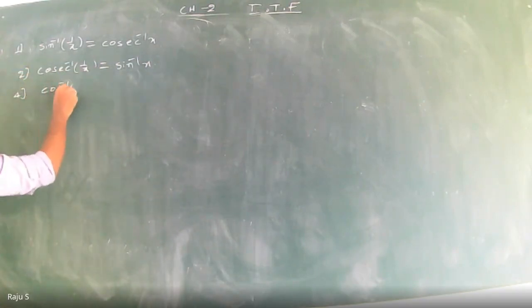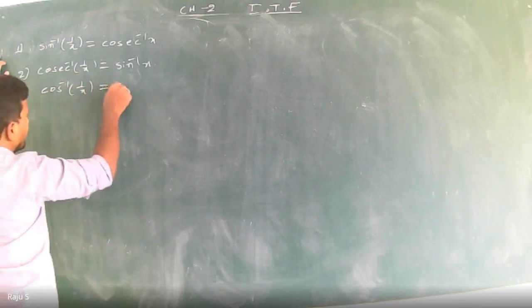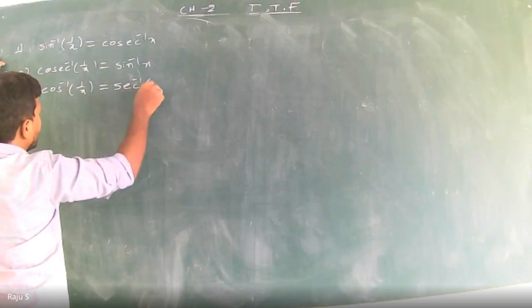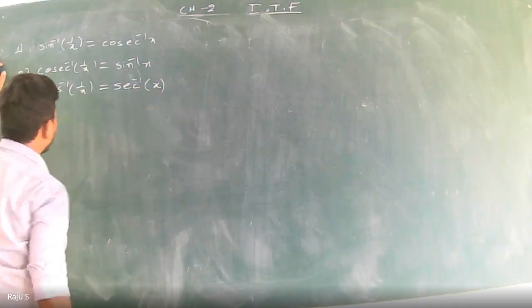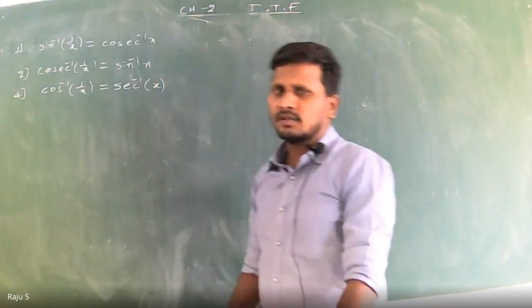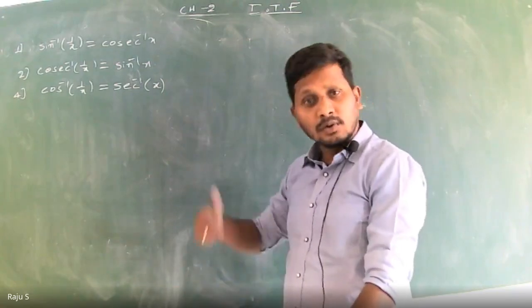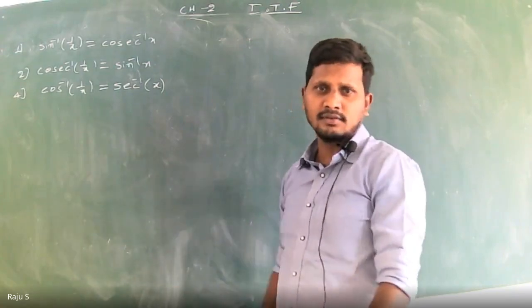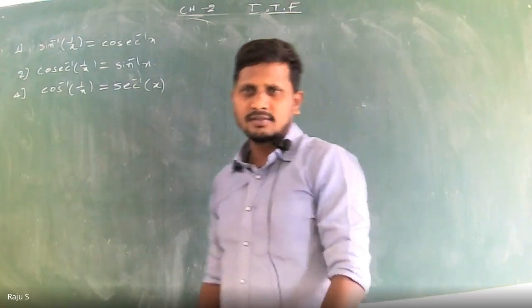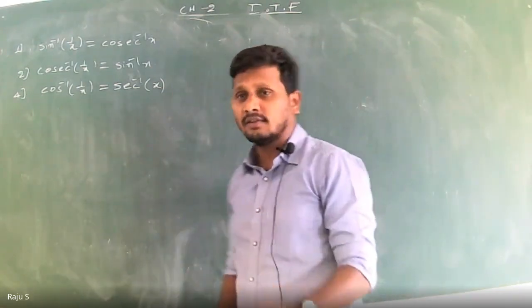Cos inverse of 1 by x is equal to secant inverse of x. Secant inverse 1 by x is equal to cos inverse x. Tan inverse 1 by x is equal to cot inverse x, and cot inverse 1 by x is equal to tan inverse x. If we know one formula, we can write, but x values are different.